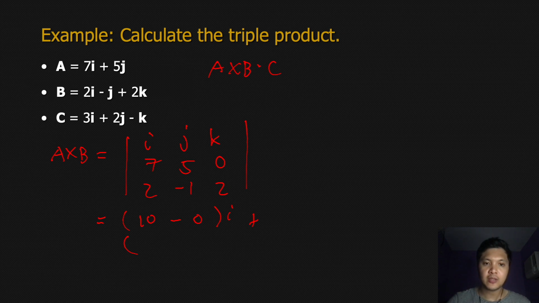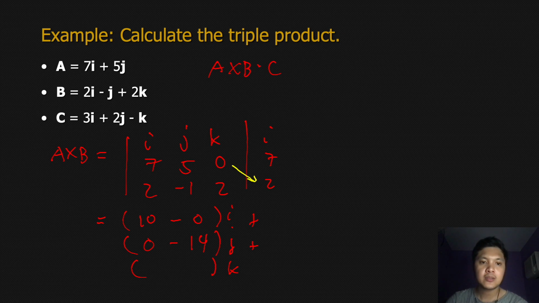Then j first, then k. For j, 7 and 2, so if we cross this, 0 and 2 is 0, and then 7 and 2, so that's minus 14 j. Plus, okay, k.